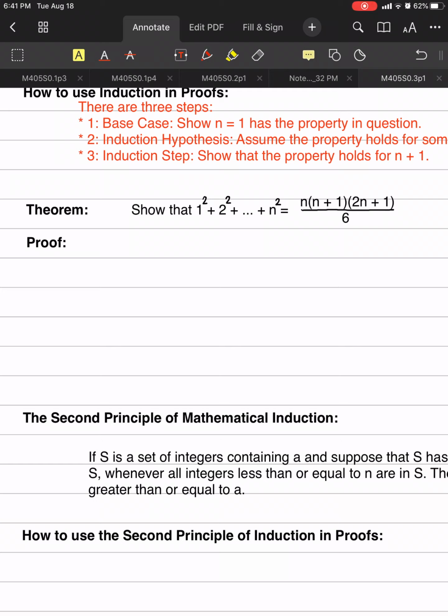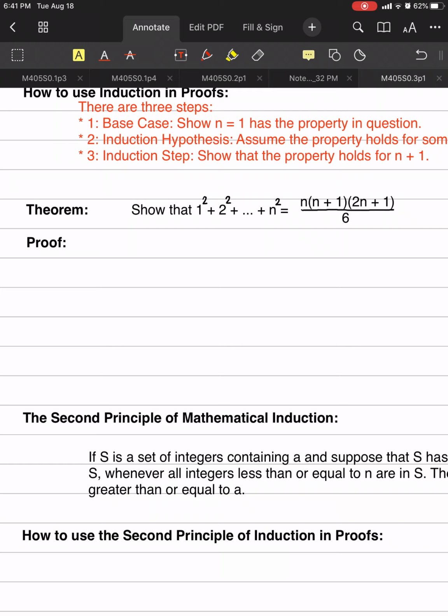So what you have to do here is just go through your normal steps for induction, i.e. base case, induction hypothesis, induction step. You can even label them out that way and show that each one holds, and then you're done.